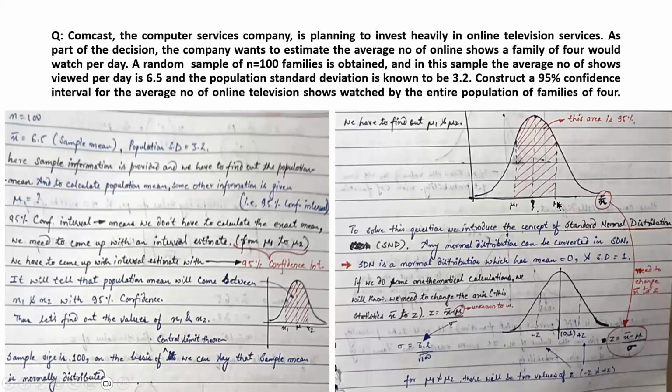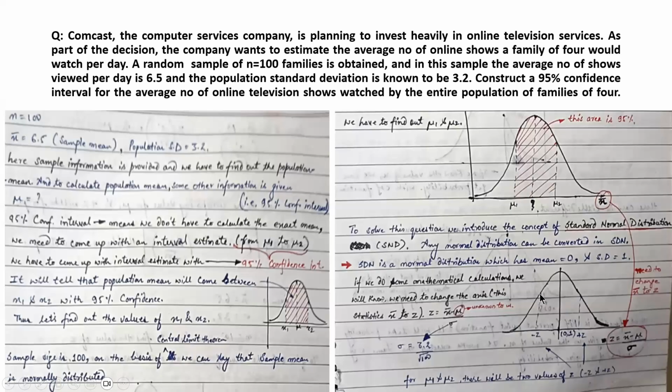How will we solve it? Here we will introduce a new concept, the standard normal distribution. Any normal distribution we can convert into a standard normal distribution. In this standard normal distribution, the mean is equal to 0 and the standard deviation is equal to 1. So we will convert this x-axis into z statistics.